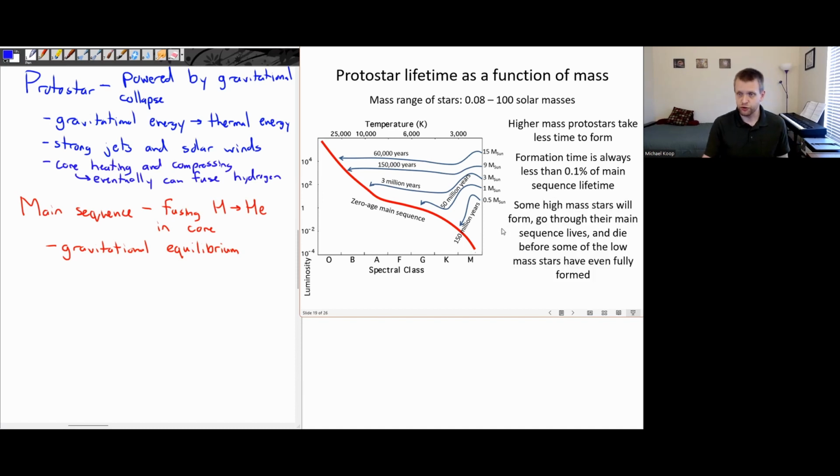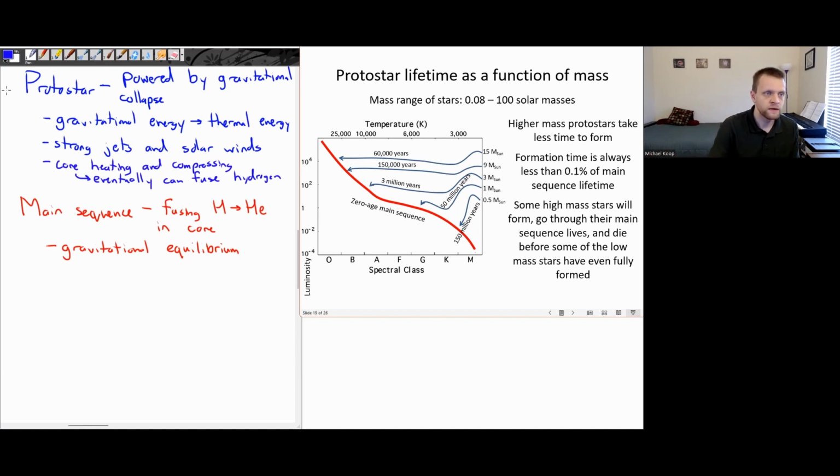And to such a high degree that some of these high mass stars, remember, the high mass stars also have short main sequence lifetimes, some of these high mass stars might have formed, gone through their main sequence lifetimes, gone through their supergiant phases, and died off before these low mass main sequence stars have even fully formed. That's kind of how different these formation times are.